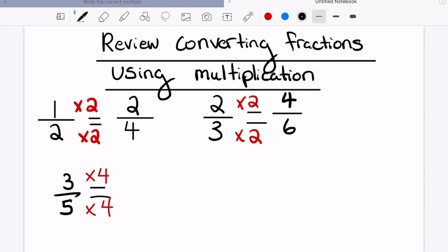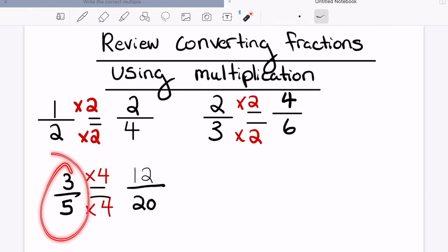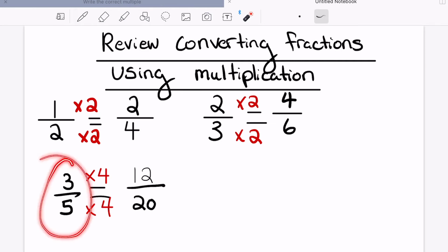So, what do we get? 3 times 4 is 12. 5 times 4 is 20. So 3/5 is the same as 12/20. So we can say these are equivalent, 3/5 and 12/20.